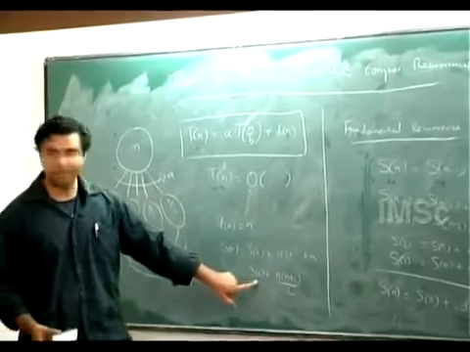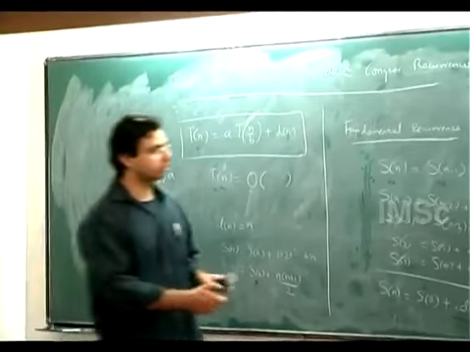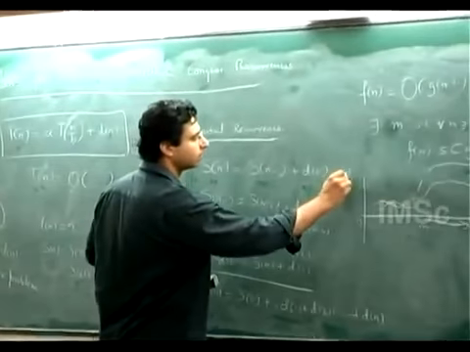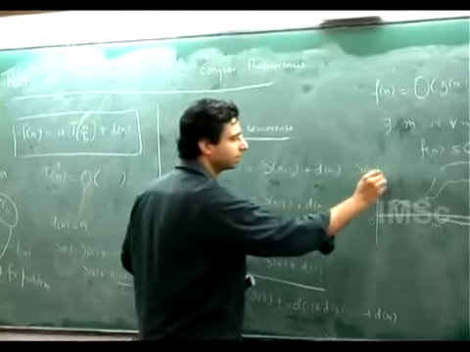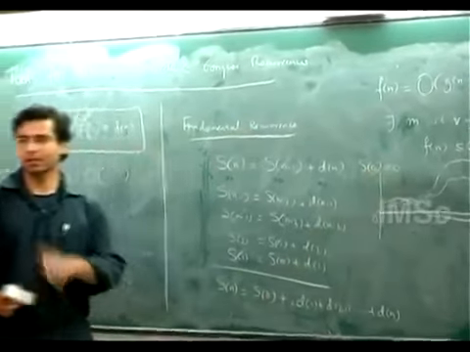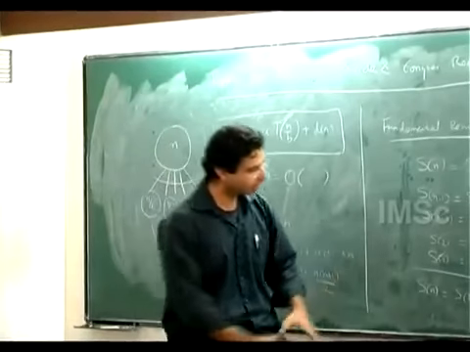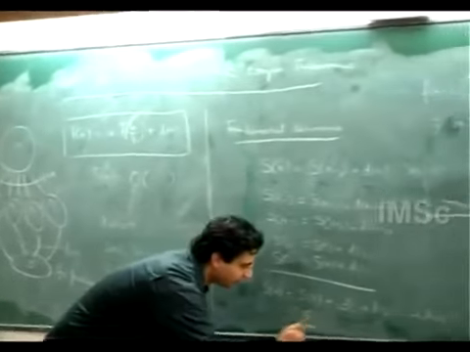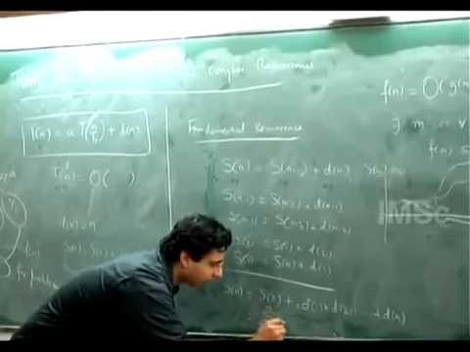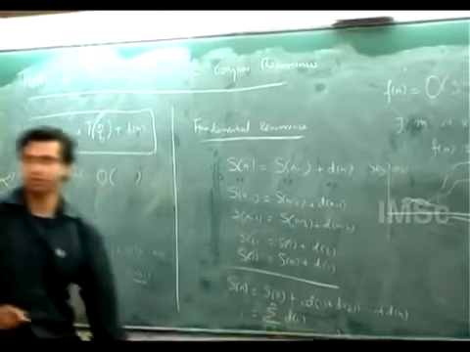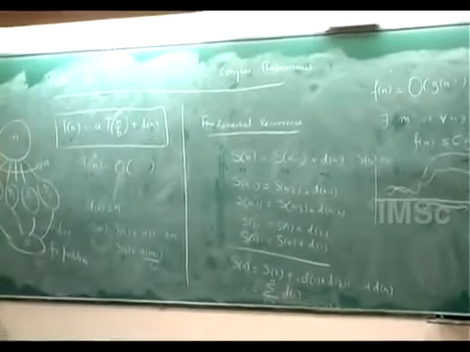S0 is the base case here. Let's say S0 was 0. It can be 1, it will be some constant. So what we get is that Sn can be simply written as S0 plus the summation from 1 to n of this driving function Di.